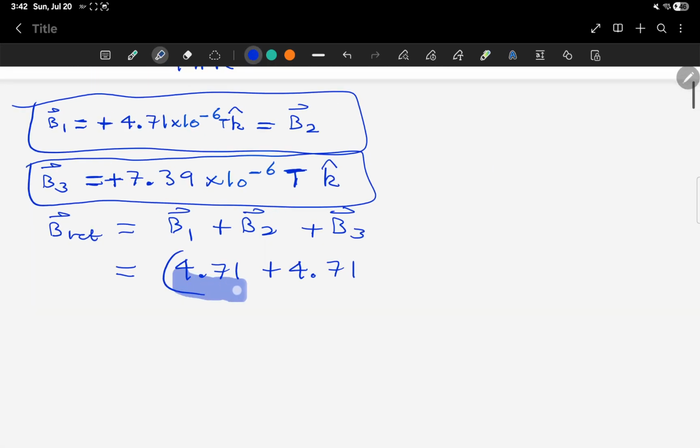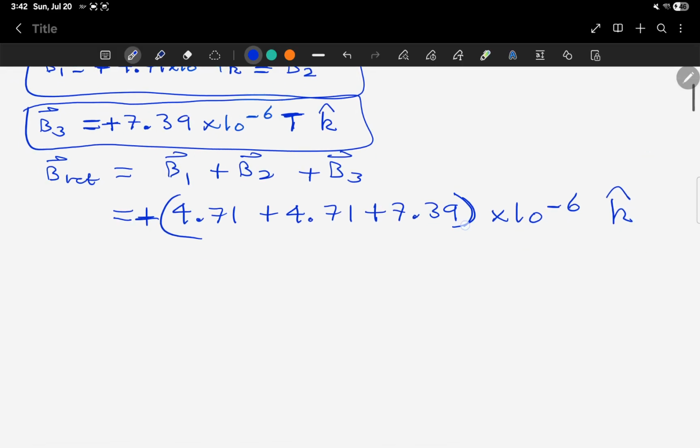So I'm doing 4.71 times 10 to the power negative 6 plus 4.71 times 10 to the power negative 6 plus 7.39 times 10 to the power negative 6. So I can factor it out here. And regardless, all of these magnetic fields are in the positive k hat direction. So positive and k hat, like that. This makes your life a lot easier when you're adding numbers. You don't have to include this 3 times.